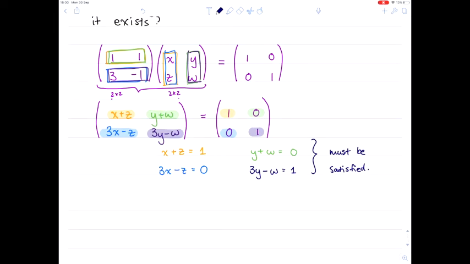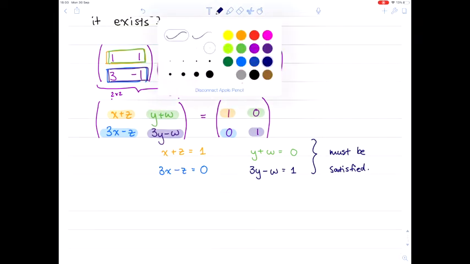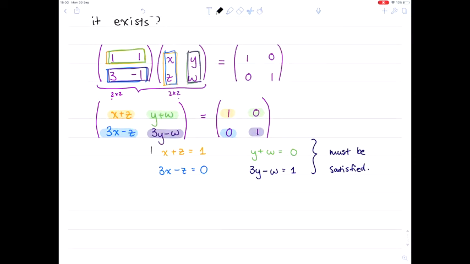So let's think about how we would go about doing this. Well, if you have a look over here, we really have two equations and two unknowns, and over here we have two different equations and two different unknowns, and we know all about how to solve systems of linear equations.